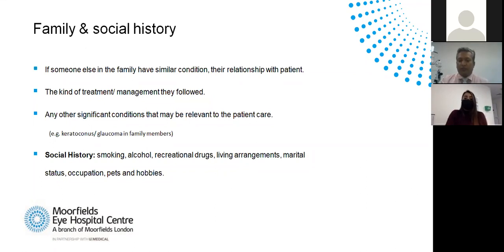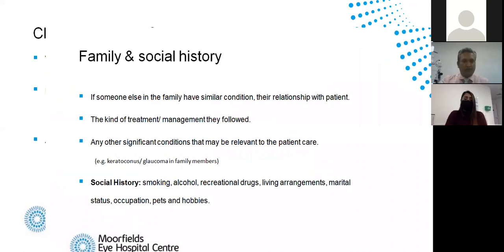So that is why this is very important. And occupation will give us a little bit of an idea about the screen time, and how the person is overall managing his daily activities, so that we can plan our management, or the subsequent visit, and other issues thereof.